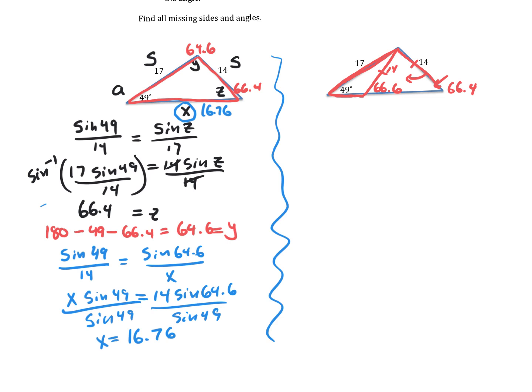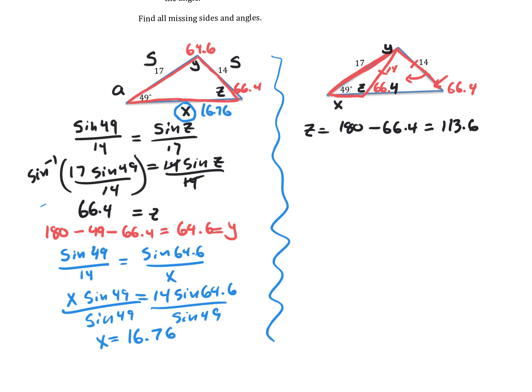So once again, if I label these and call this angle up here Y, this side X, and this angle Z, I can solve for Z simply by taking 180 and subtracting 66.4. I messed that up there, so I'm going to erase that and put 66.4 there. So I have 180 minus 66.4, and that's going to give me 113.6.